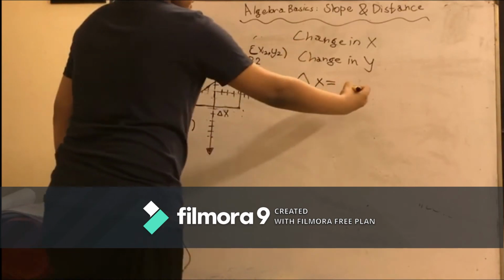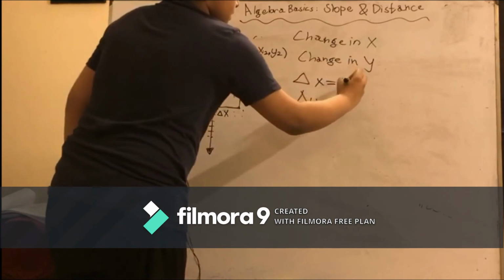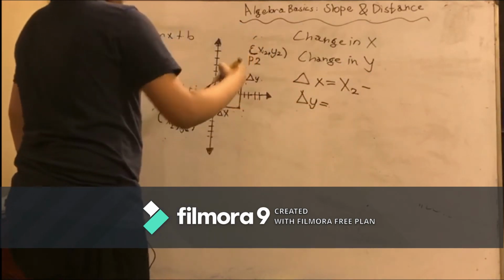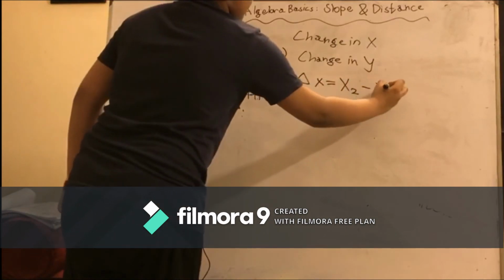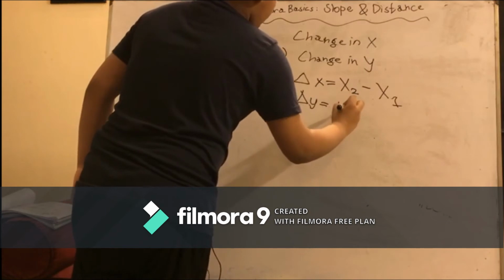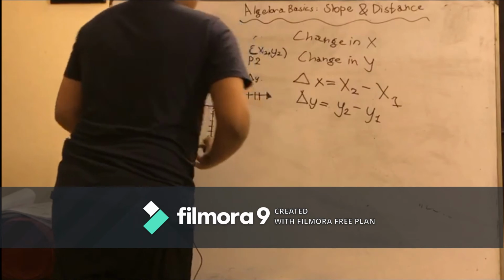So the equation for change in x would be x2 minus x1. And here, it would be y2 minus y1.